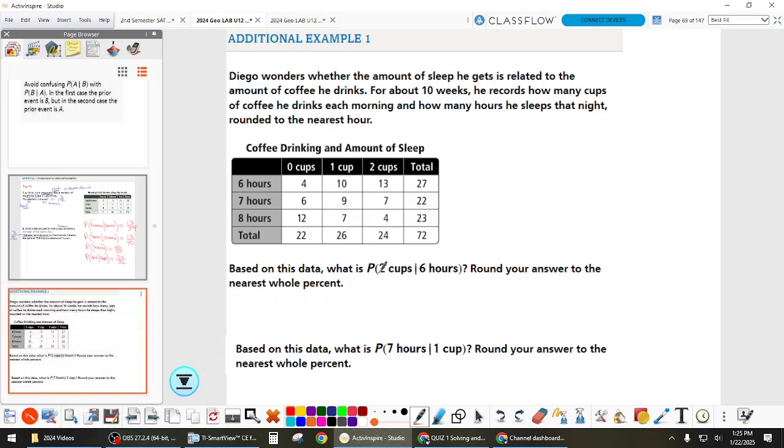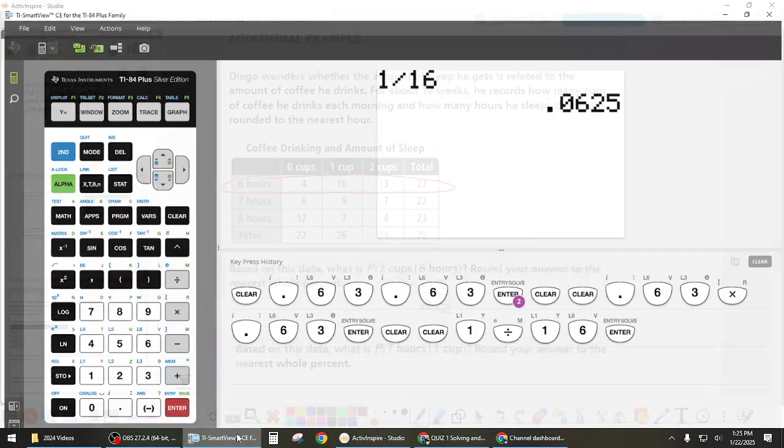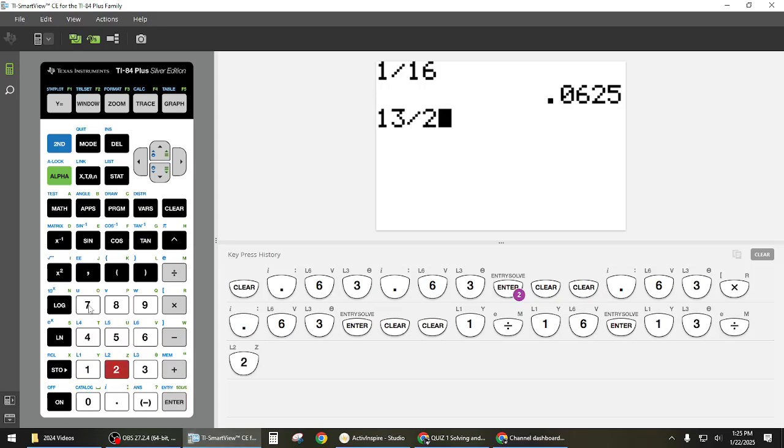Okay, so 2 cups given 6 hours. So is hours or cups the category? Hours. So we go to 6 hours horizontal, and then 2. So this is 13 out of 27, and 48%.